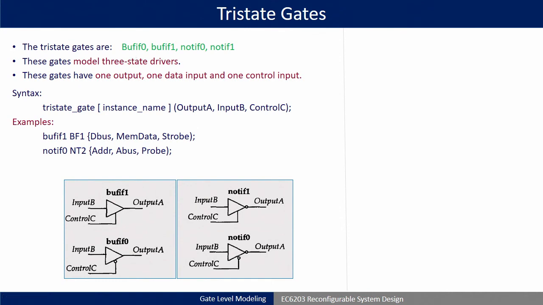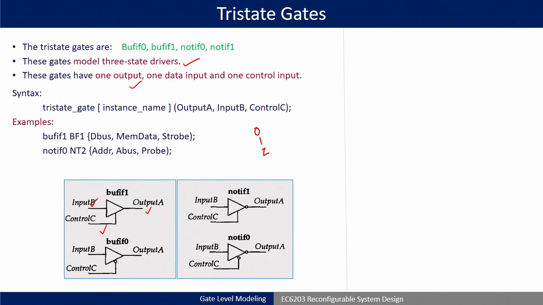So, here we may have 3 states, 0, 1, and also high impedance, apart from x. Okay. Here it is used to model 3-state drivers. These gates have one output, one data input, and one control input. So, these are the 4 gates supported by default in tri-state gates.